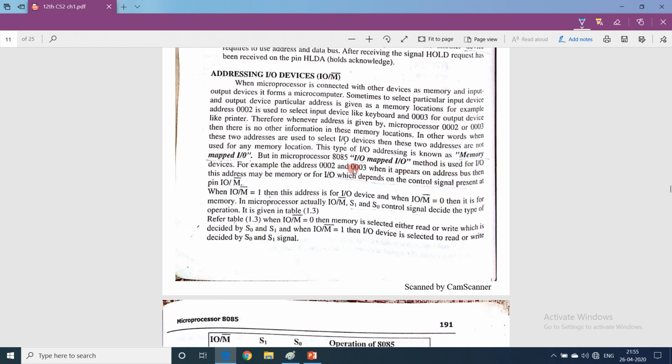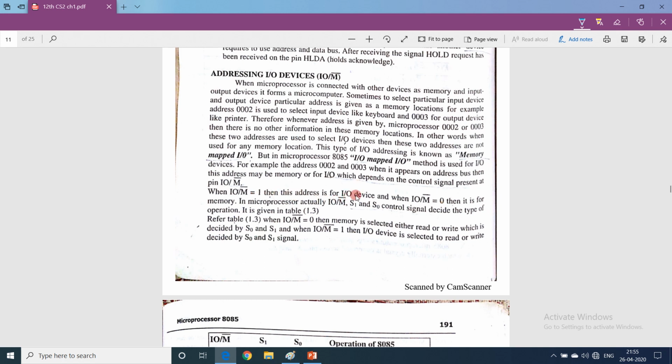For example, when the address 0002 and 0003 appears on the address bus, then this address may be for memory or for input output, which depends on the control signal present at pin IO/M bar. When IO/M bar is 1, it is for an input output device. When IO/M bar is 0, it is for memory.